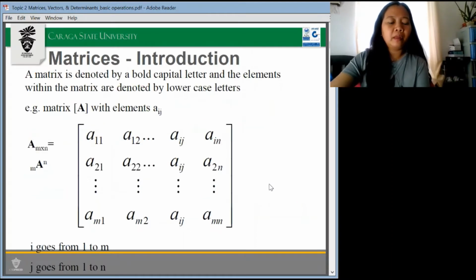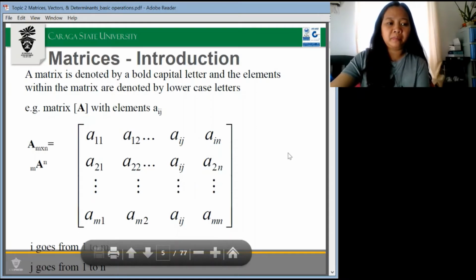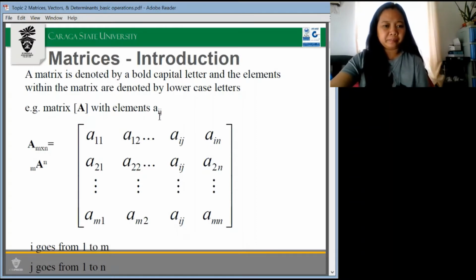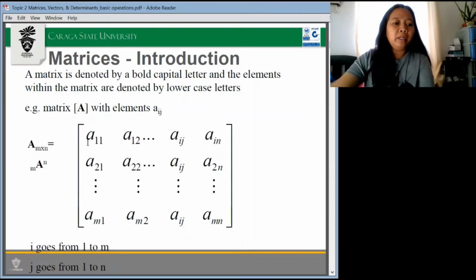So a matrix is denoted by a bold capital A. And the elements within the matrix are denoted by lowercase letters, and it is enclosed in brackets, this one. So matrix A with elements i and j. This is the element a1,1. Element a1,2.